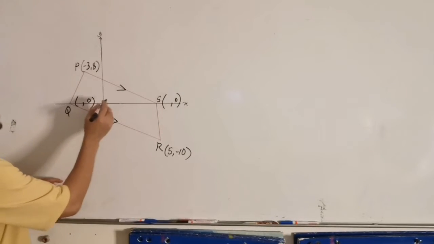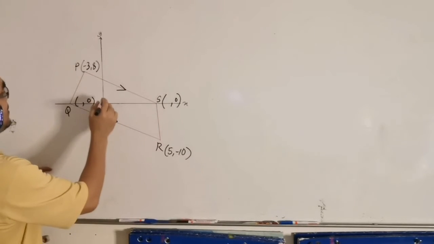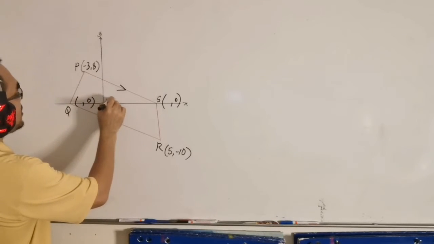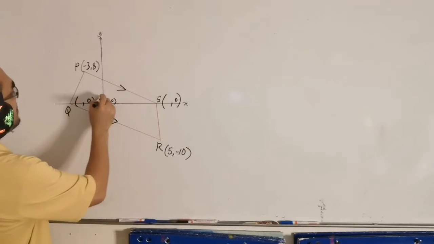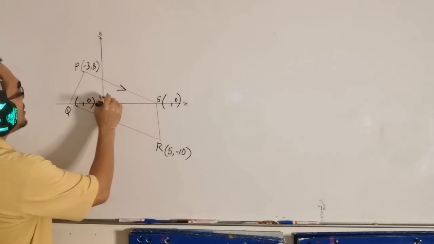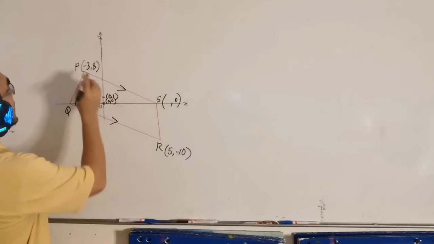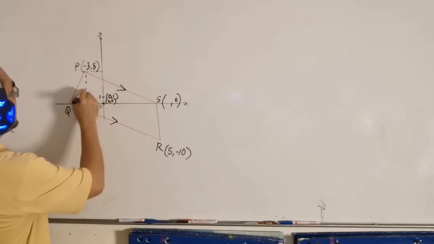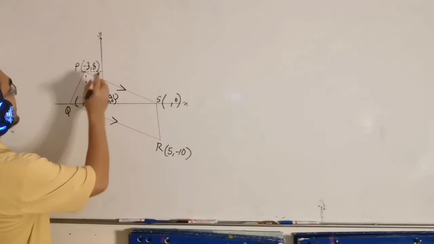Look at here. Let's say we have a point here. The point here will be (0, 0). Maybe if there is 1 here, it's (0, 1). And look at here. This is (-3, 8), so here is (-3, 8).